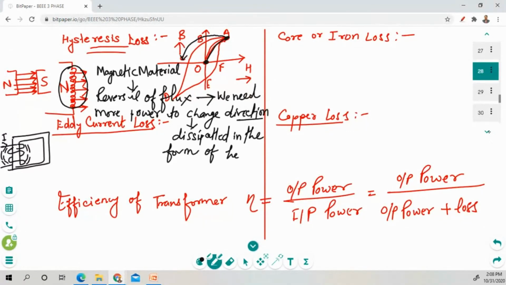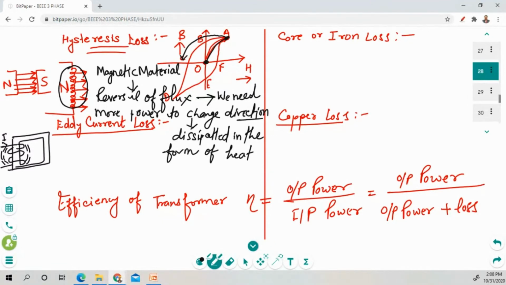heat. When you physically touch any transformer used in a circuit, with a heat sink over that transformer, you feel that the transformer is heated up.